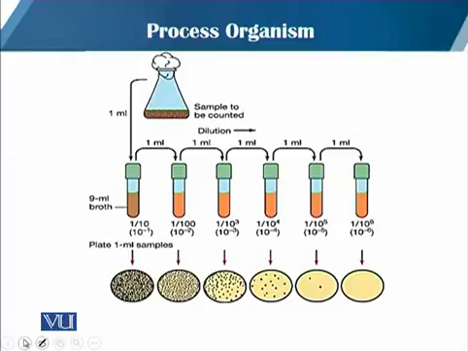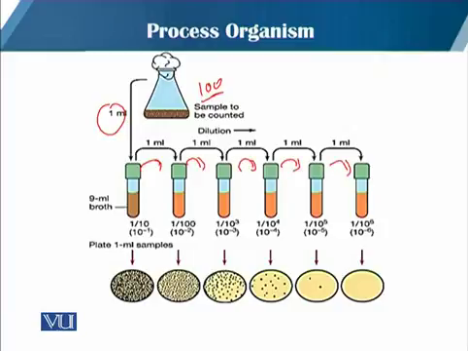Suppose we have 1 gram of the sample, we dilute it into 100 ml of sterilized water or a dilution buffer, and then we have 9 ml in each tube, add 1 ml, mix it well, and continuously transfer 1 ml to the next test tube.